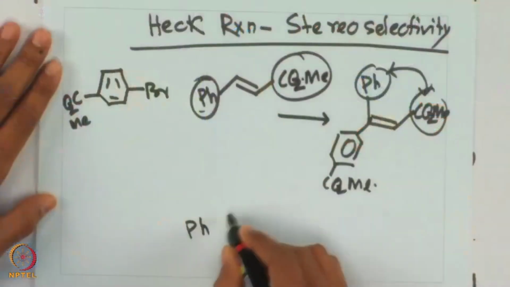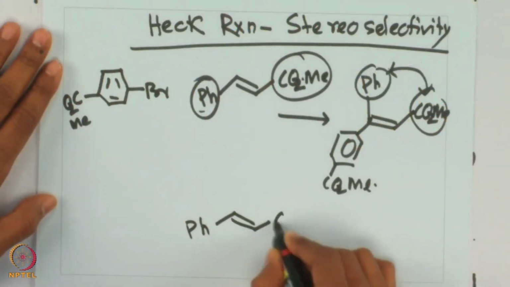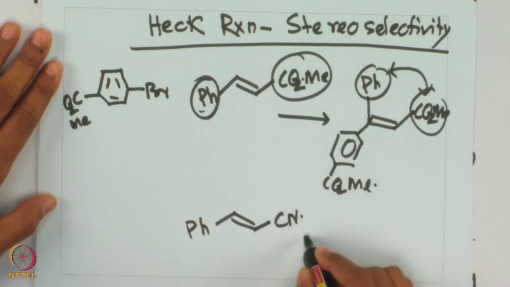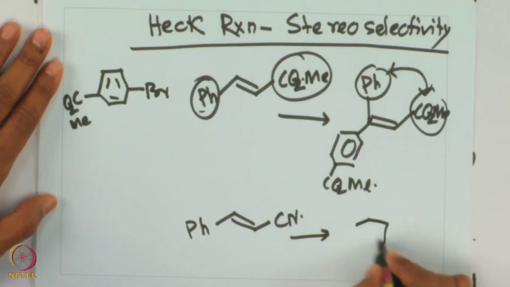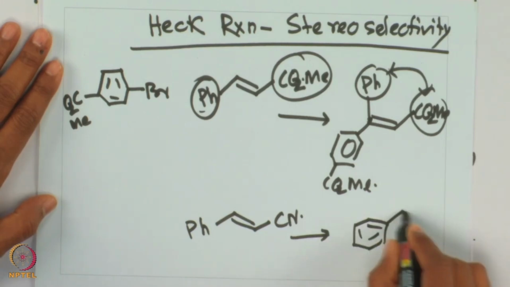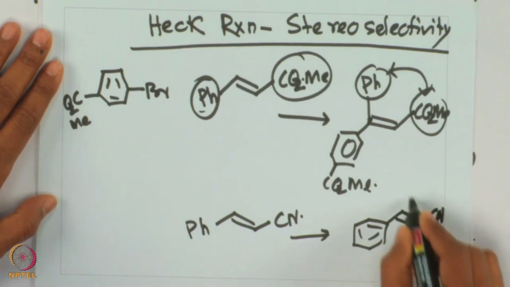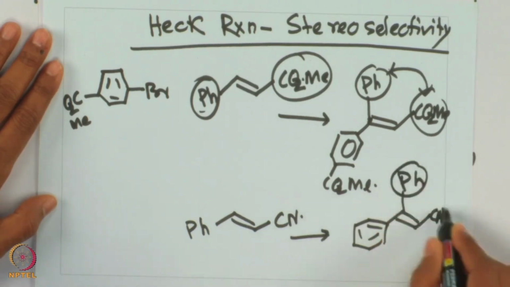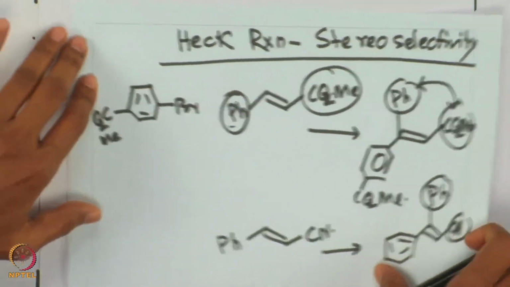Let us look at some more examples of this type of reaction. We have the same, let us say cyano with a similar substrate, it will again give a similar type of product where cyano and phenyl now are on the same side with respect to each other. We can have some more substituents in the process.